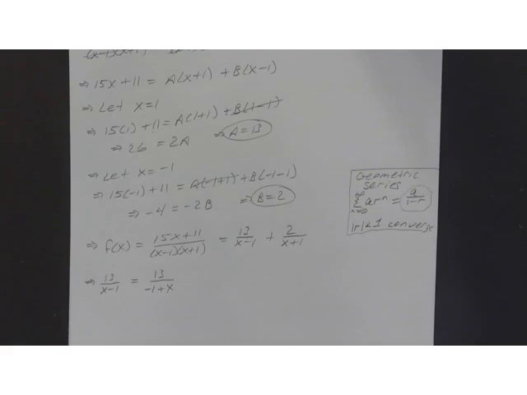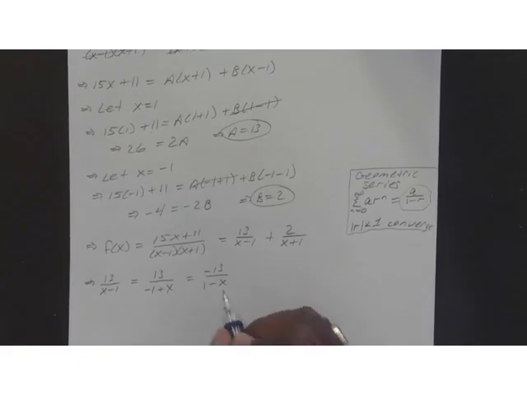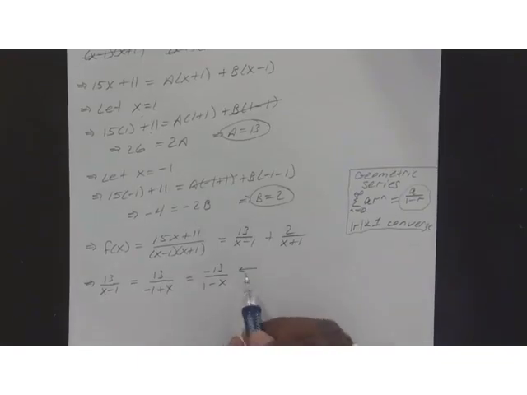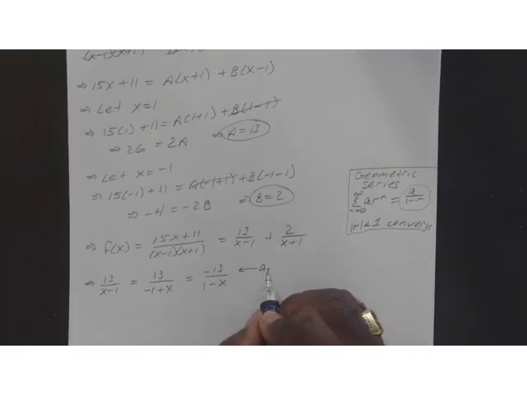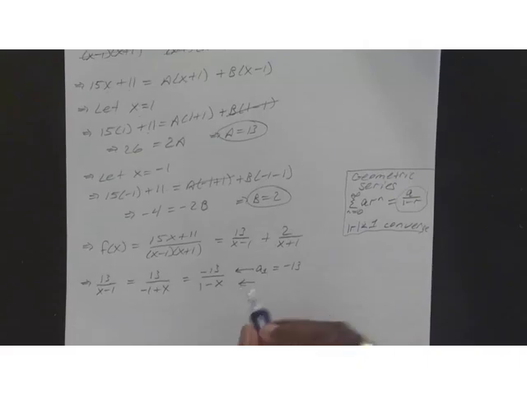So if we multiply or divide each term by negative 1, we get negative 13 divided by 1 minus x. Our a number 1 is equal to negative 13. Now r number 1 is equal to x.